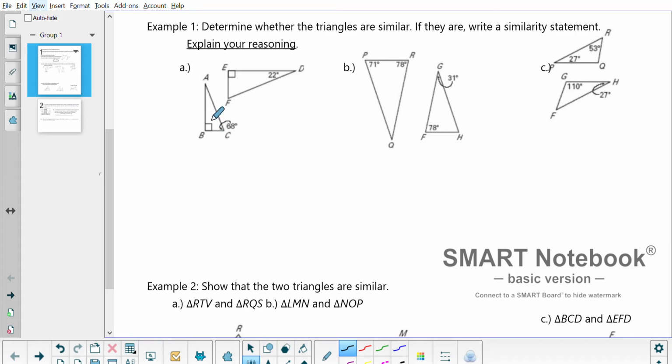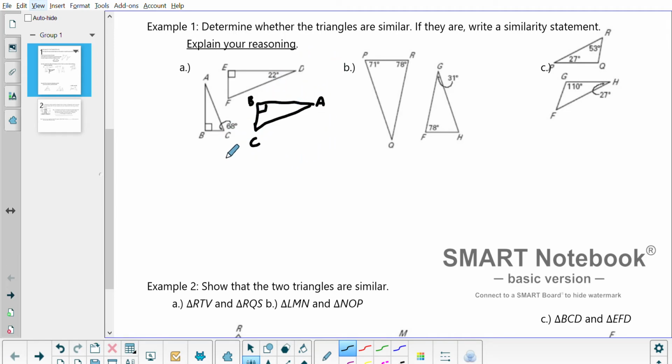So angle B has to correspond with angle E. If we take this triangle here and rotate it so that it is facing the same direction as FED, it would look like this, giving us angle B up top. A would shift to the far side, C would rotate to the bottom here, and then it's easy to identify our corresponding sides.